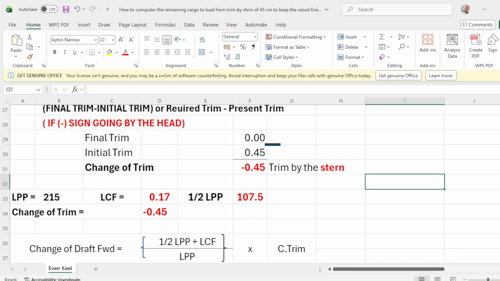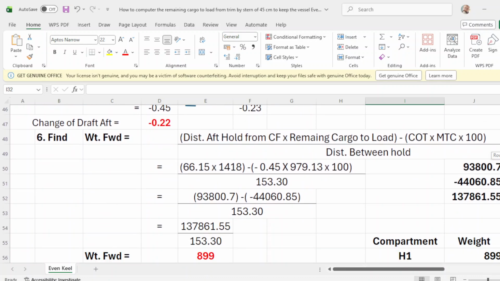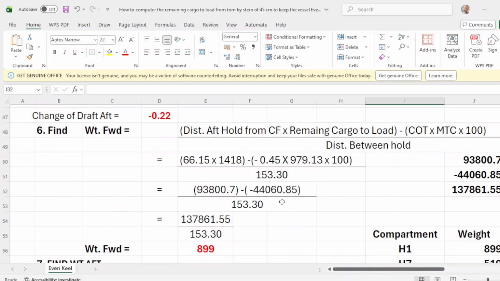Okay, now we will compute how much we're going to load in the forward hold and the aft part. Forward will be hold number 1.